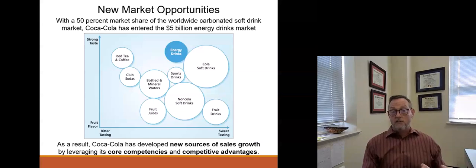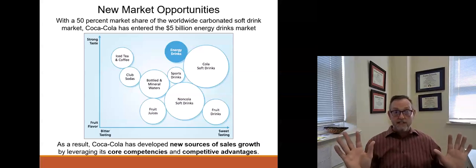Now, Coca-Cola is clearly a share leader. This is an example of a company that has a lot of market share in their respective categories, in the many drink categories that they're in anyways. Yet they can still be offensive. They don't have to be completely defensive.